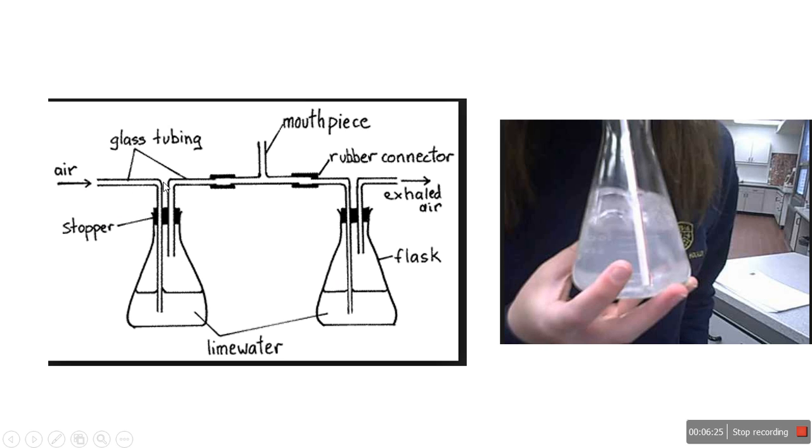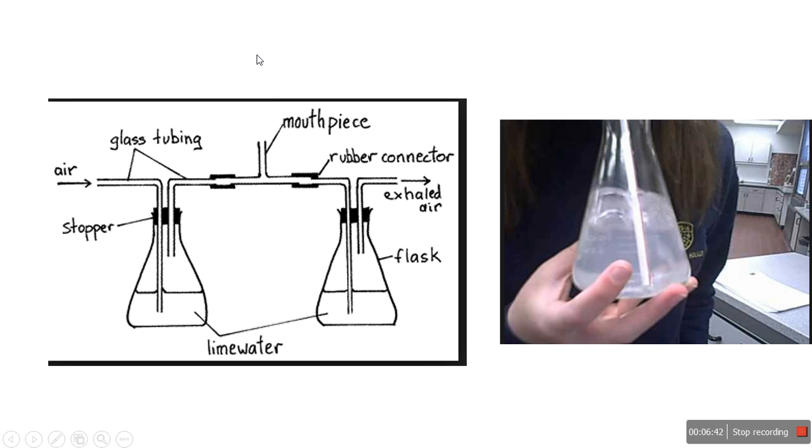When you inhale through this bit, if you put your mouth on here and inhale, air is going to be sucked in through here, through this lime water, up here. The bubbles will bubble up, you'll notice bubbles, and it will come up here and into your mouth.